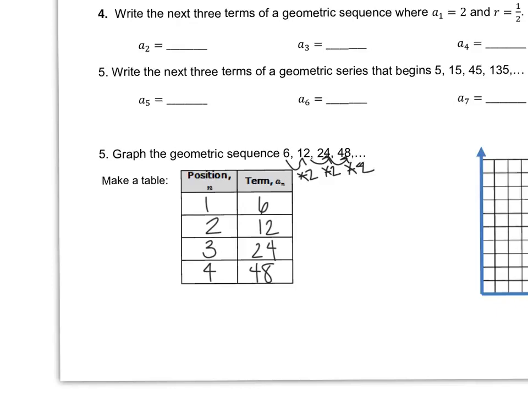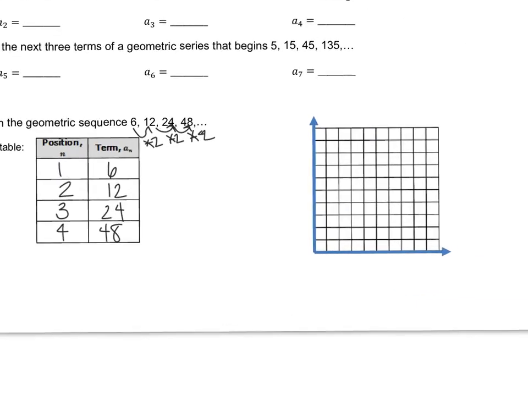Let's look at our graph over here to the right. We're actually going to graph this. So on the x-axis, I'm going to label it by 1s. How do you think I should scale my y-axis? And make this easy for yourself. Multiples of 6 would be a really great one. 10 is not a terrible one, but if I can do multiples of 6, why not?